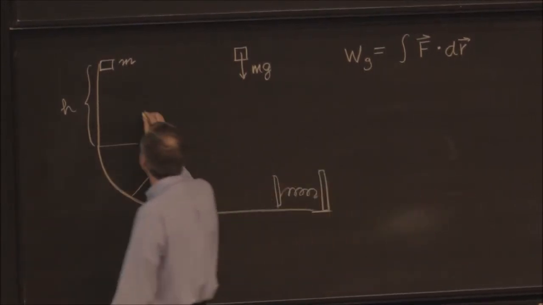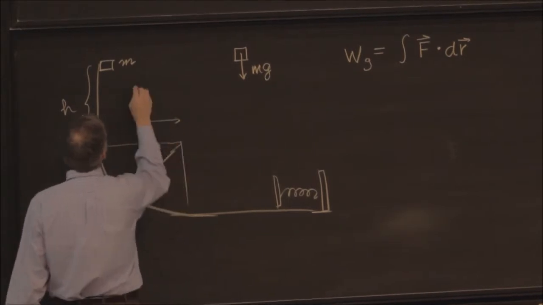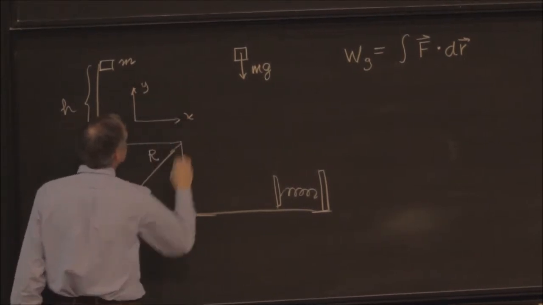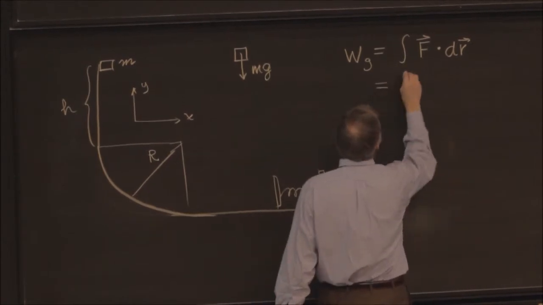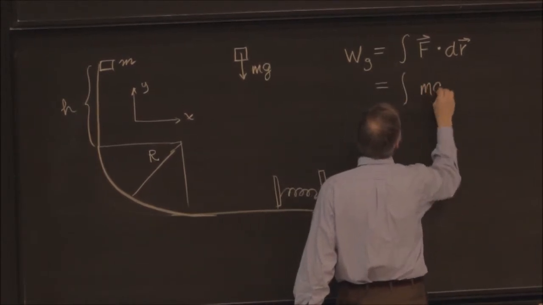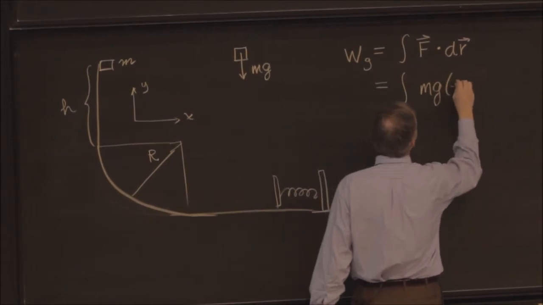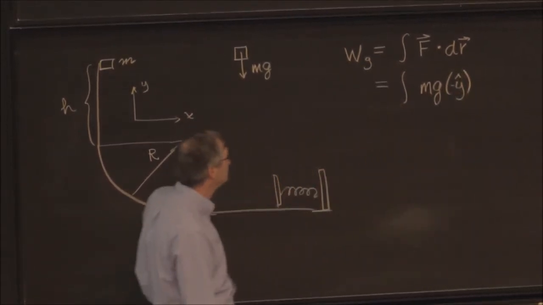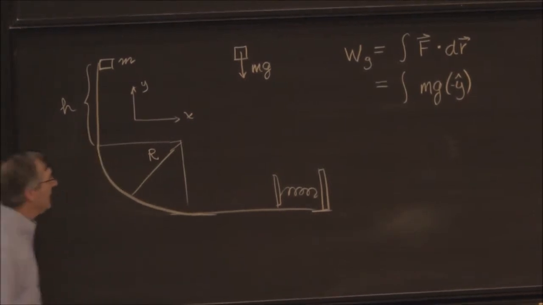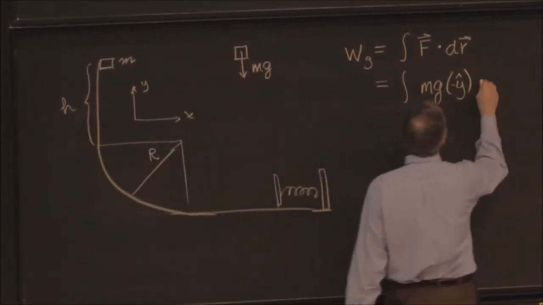Maybe I'll use a coordinate system where y is up and x is to the right. I know that looks really original. All right, so then I would have mg in the minus y direction. I could also distribute the minus sign out. And what is the displacement dr?